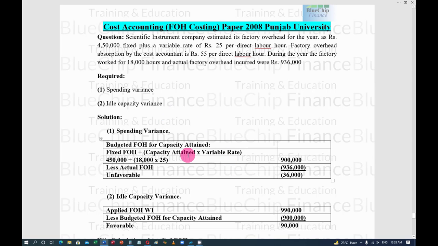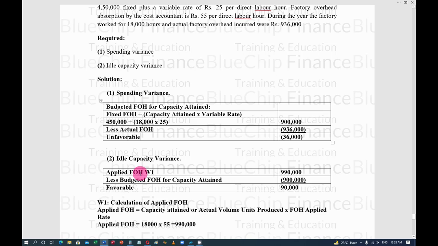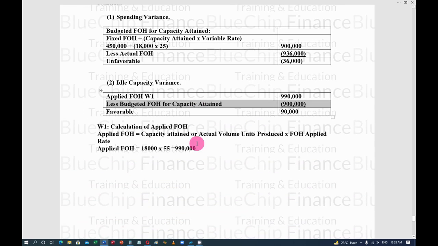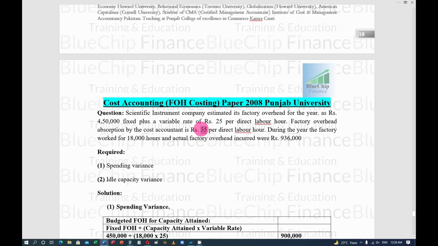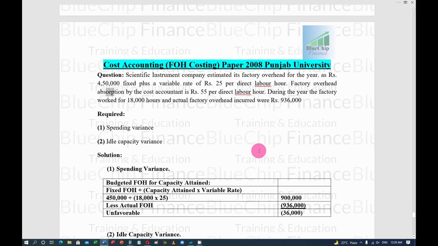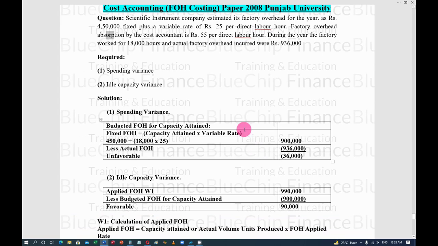So idle capacity variance is equal to applied FOH less budgeted FOH for capacity attained. Budgeted FOH for capacity attained we already calculated is 9 lakh, and applied FOH is always equal to capacity attained multiplied by FOH applied rate. The FOH applied rate which is estimated by the accountant is 55, or you can say absorption rate. Absorption rate and FOH applied rate are both the same thing, and that is 55.